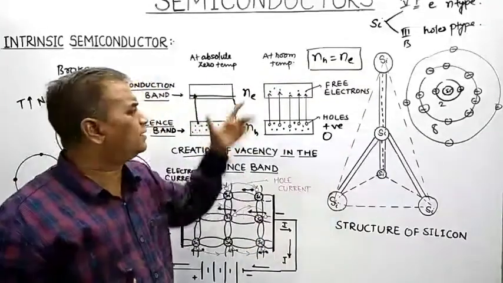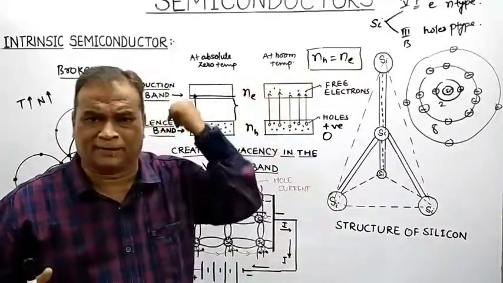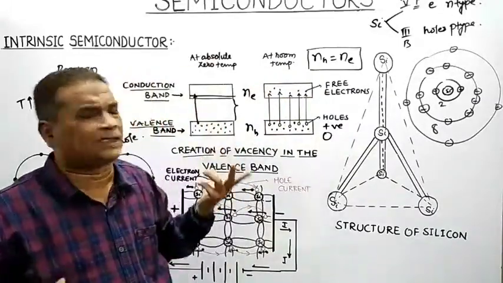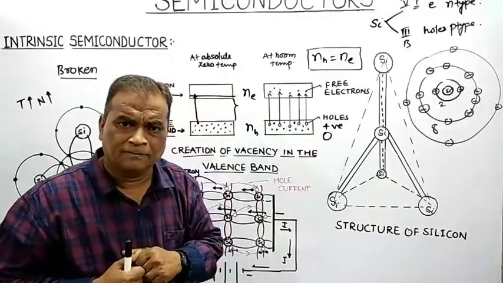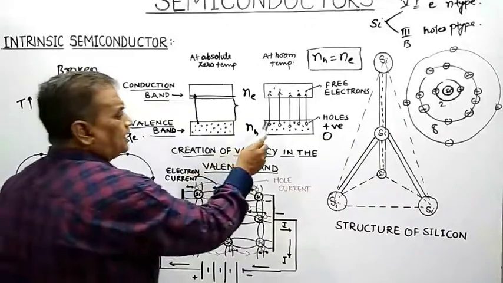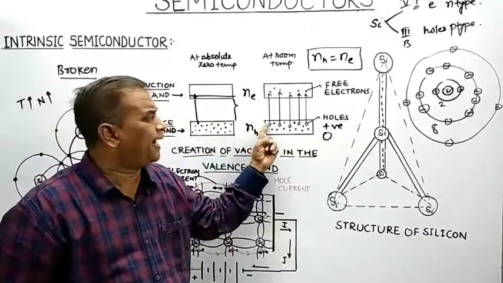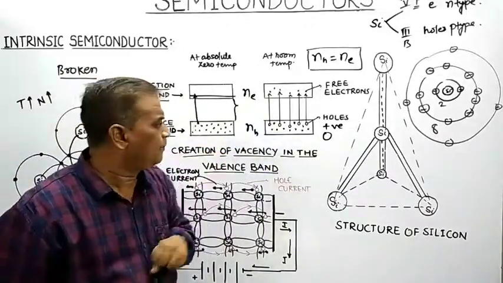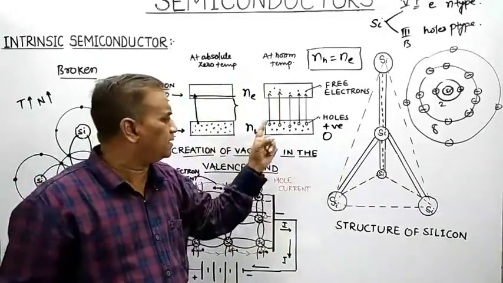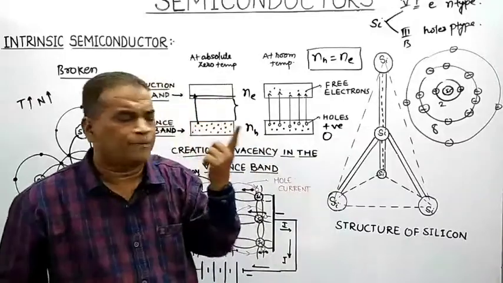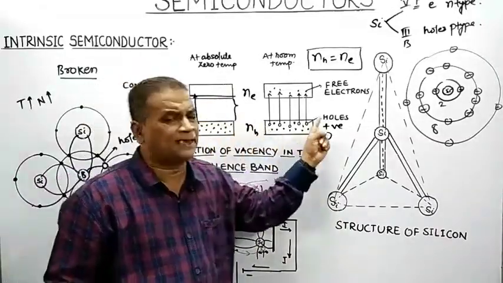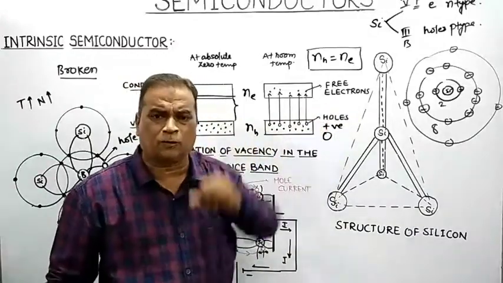Means a few electrons are available for conduction of electricity, or the semiconductor acquires a small electrical conductivity at room temperature. We know that when an electron from the valence band enters into the conduction band, the place from where the electron leaves the valence band creates a hole. Absence of an electron in the valence band is nothing but the presence of positive charge, that is called a hole.